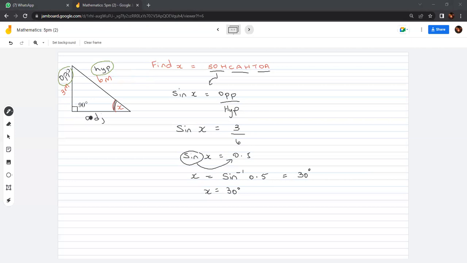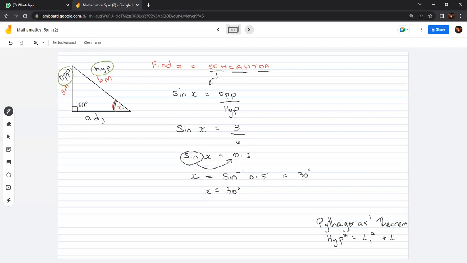And remember, Pythagoras' theorem is where you have your hypotenuse squared is equal to the sum of the square of the other two sides.